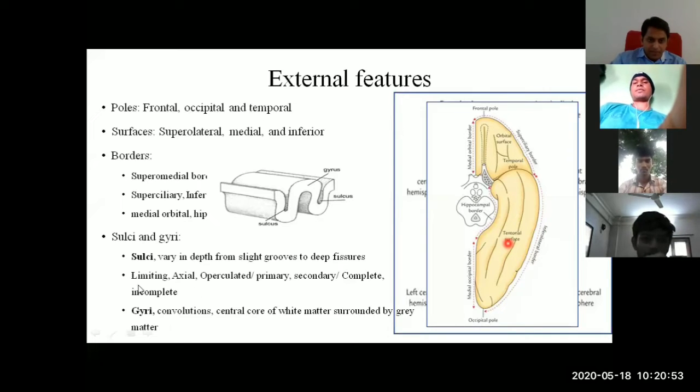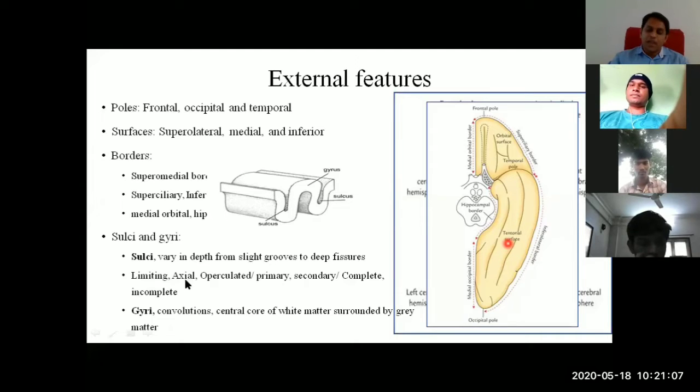To give examples again: the limiting sulcus is the central sulcus because it limits motor from sensory. The axial sulcus is the post-calcarine sulcus, and the operculated sulcus is the lunate sulcus.